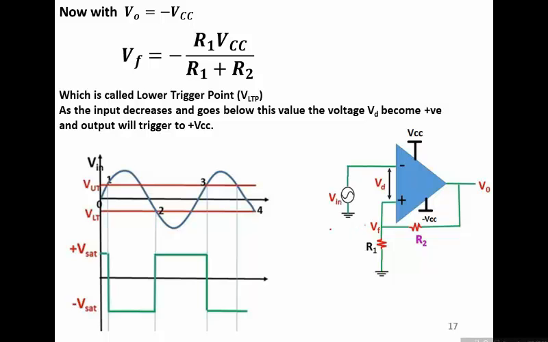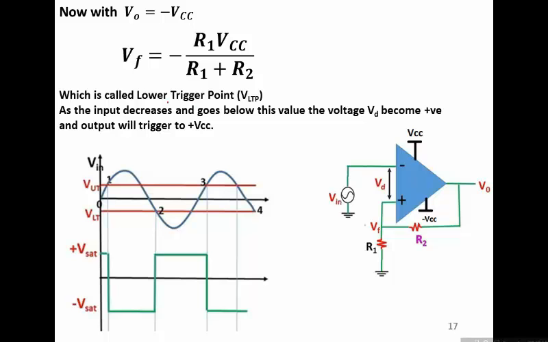The output was toggled to minus V set when the input crossed this upper trigger level, but when the input is reduced and crosses this level, the output would not change from negative to positive saturation until it crosses the second trigger point, that is LTP, which is defined by this equation.